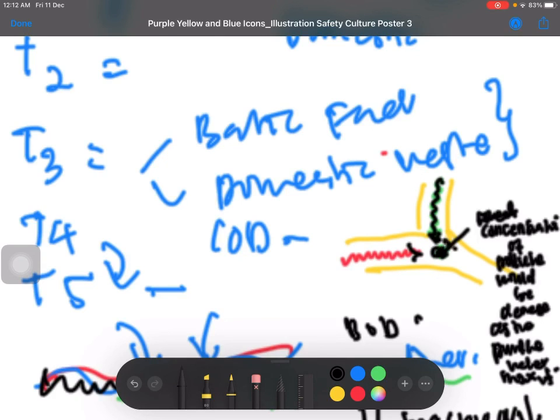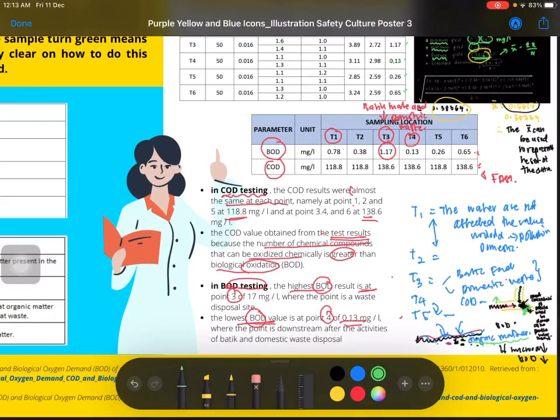So the value is lower compared to this one. That is why the value is decreasing.